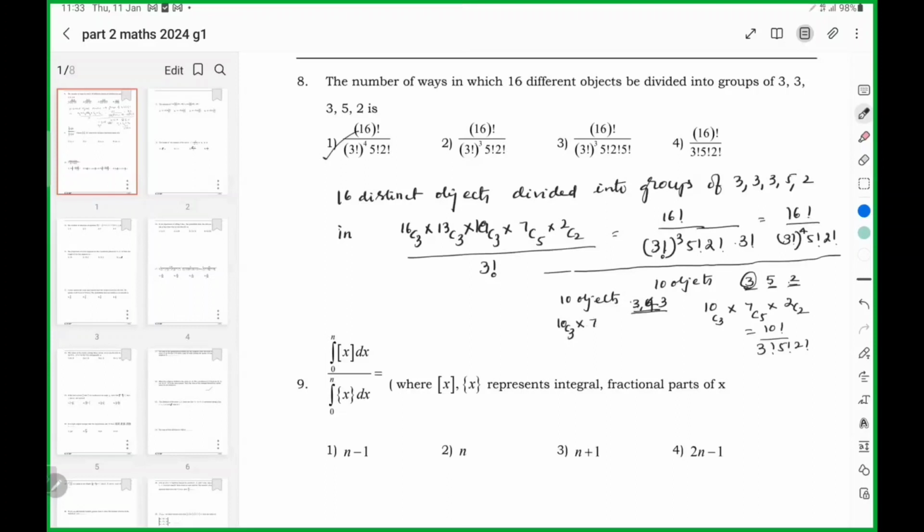From the remaining 7, you can select 4 objects. But these two groups are identical, so we have to divide by the factor 2. Like this, there are 3 groups containing the same number, so we have to divide by 3 factorial.